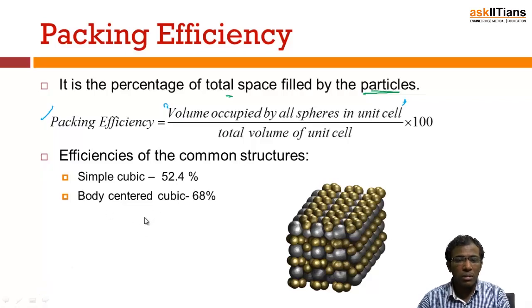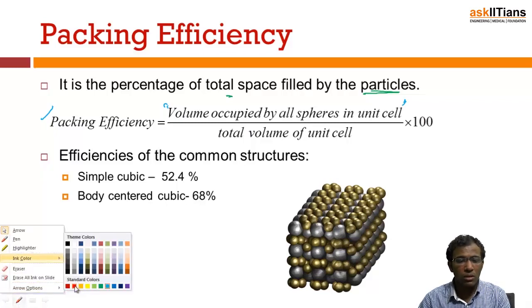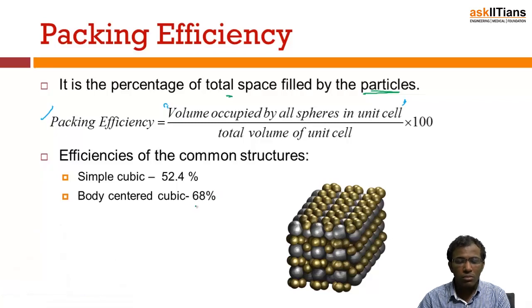Next is BCC, which is a more close packed structure as compared to simple cubic, in which 68% is occupied. So the remaining 32% is void space. Next and highest is the face centered cubic, which is cubical close packed, and hexagonal close packed.